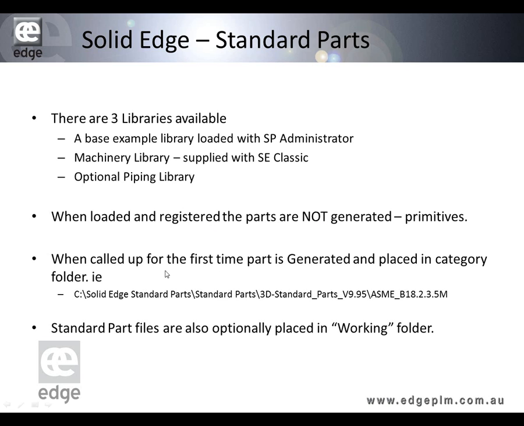The parts are not generated. It's when we call them up they become generated, and they're placed in a category folder. So in my case, I have my standard parts loaded on C standard parts. Under that, it'll create a directory called standard parts, 3D standard parts with a version, and then the category. In this case, it's an ASME metric bolt.